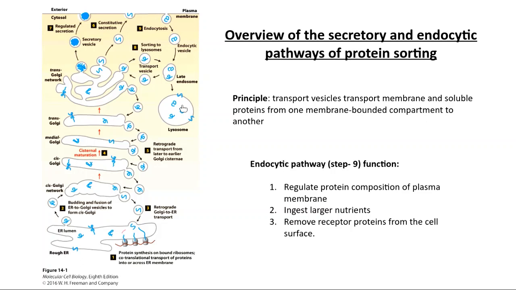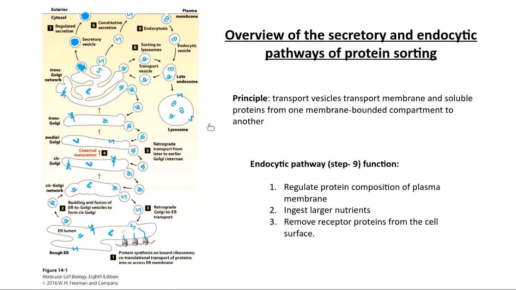The whole purpose is to bring back those proteins which are not required anymore, to get them destroyed inside the lysosome. Okay, so if I ask you what is the difference between constitutive secretion and regulated secretion, what would be the answer? The answer is that constitutive secretion continuously secretes secretory proteins outside or onto the plasma membrane.